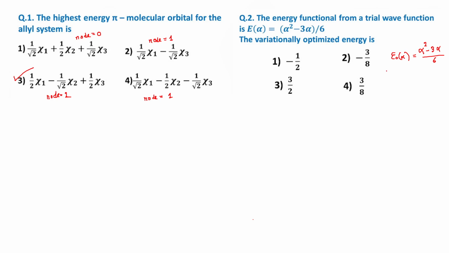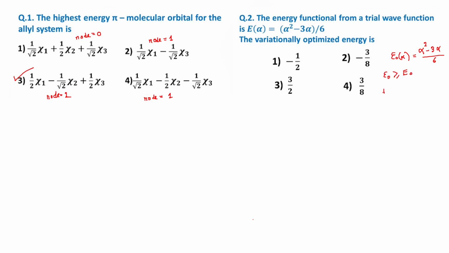Now for the variational theorem, alpha is the variational parameter. So we need to see that using a trial wave function, this is the energy functional we are getting. We have to see for what value of alpha this energy functional is close to the actual energy. By the upper limit theorem, we know that it has to be equal to or greater than the actual energy.